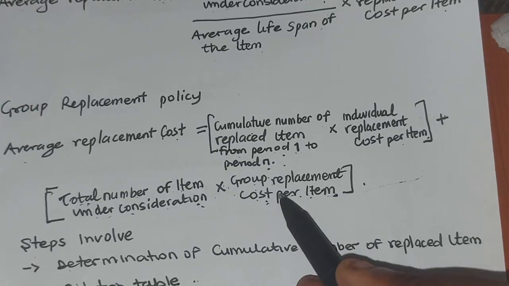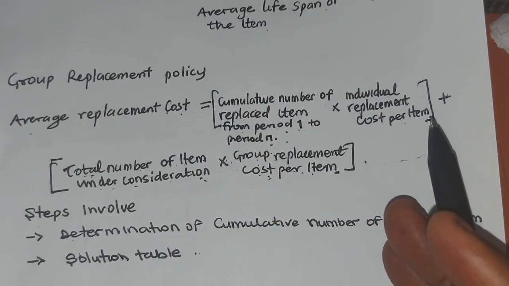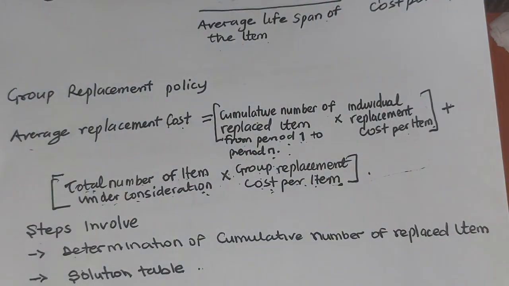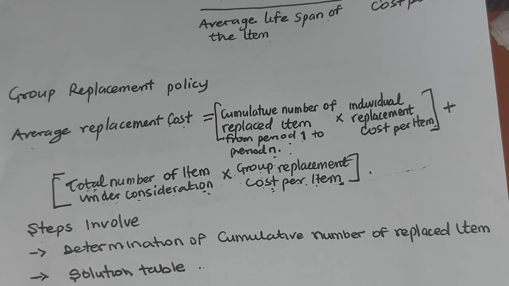So with these two, there will probably be a discount if you are replacing en masse. Let's quickly use a question to illustrate these two concepts.